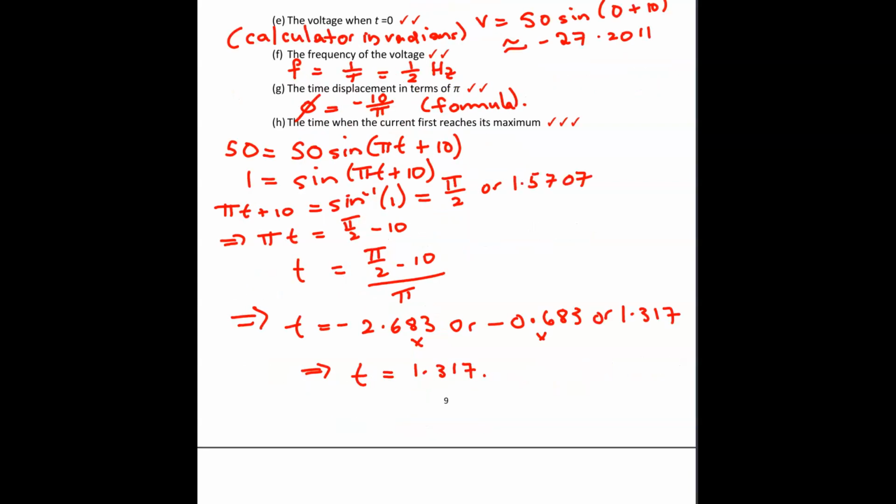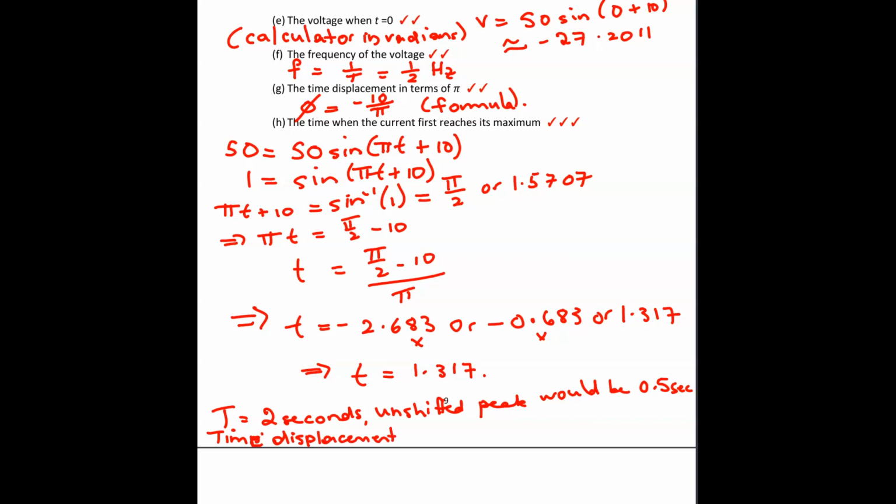Now, some of you, I was really impressed by how you worked this. You knew that the time period was 2 seconds. So the unshifted peak would be at 0.5 seconds, but obviously it is a shifted peak, and the time displacement is, as you've already worked out, that.